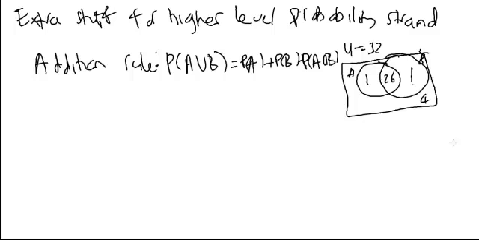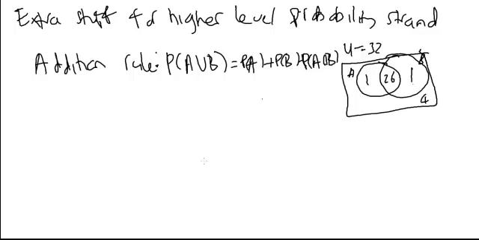The reason you subtract the probability of A intersection B is that if you just add A and B, you're overcounting. You're counting those 26 people twice, and to correct for that, you need to subtract once.